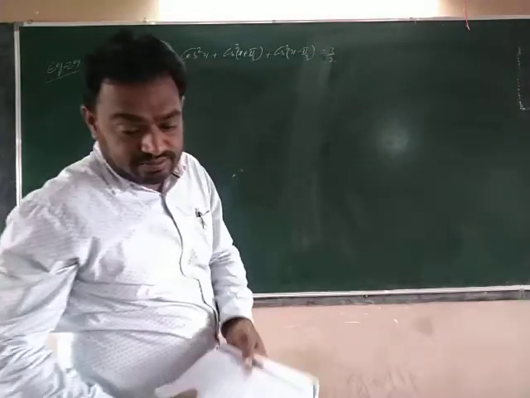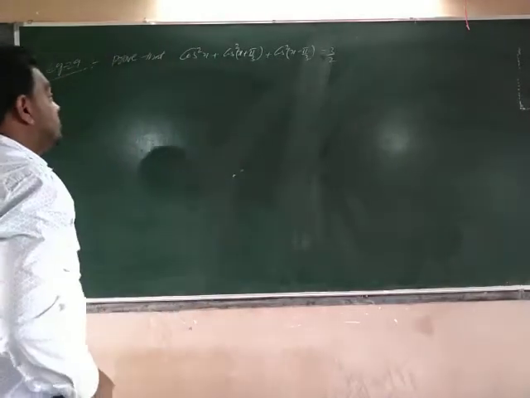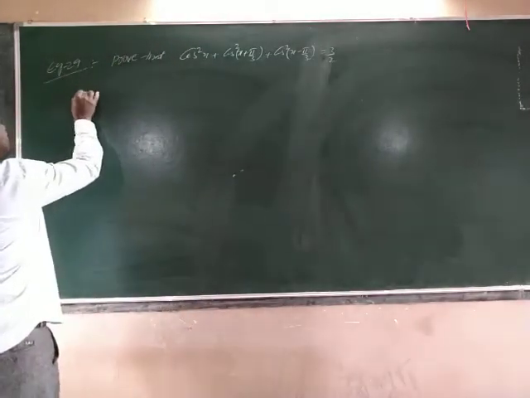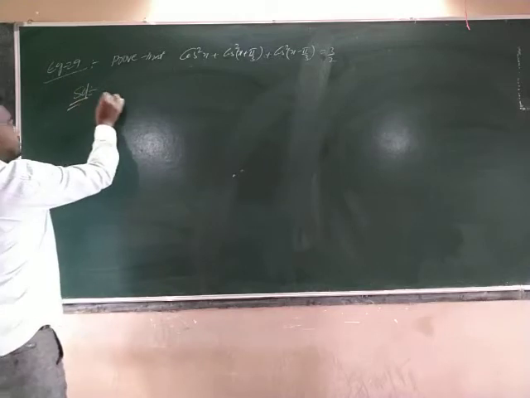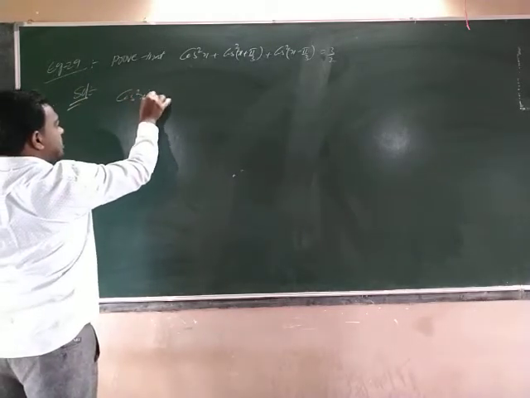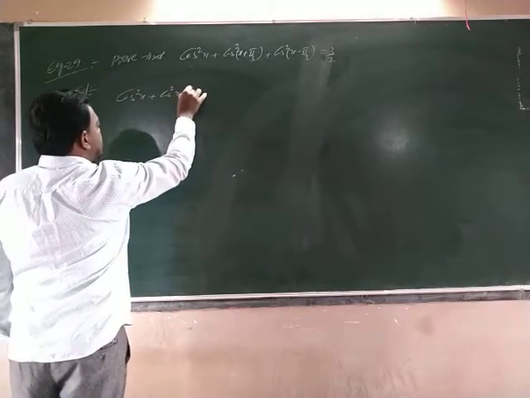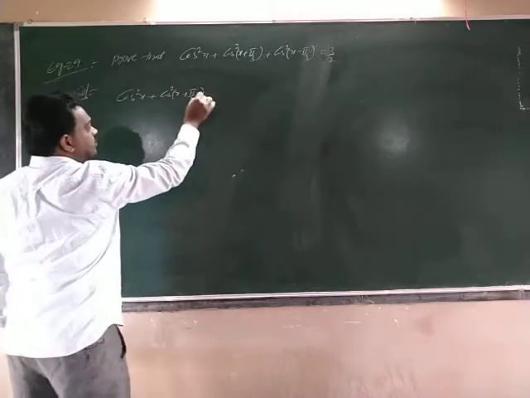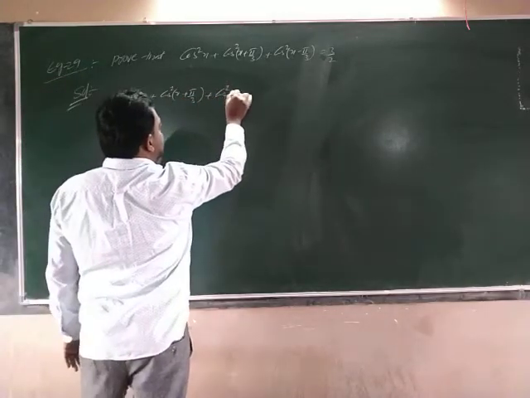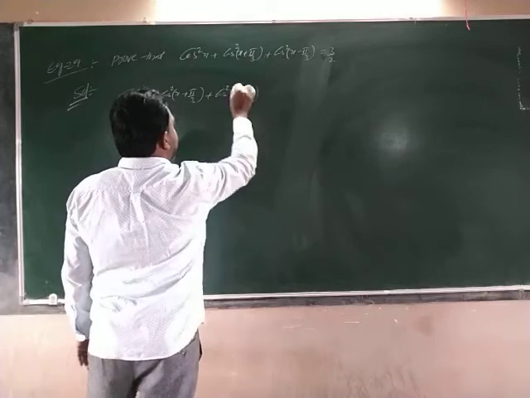This is the question. Proof. You take the LHS, that is cos square x plus cos square x plus pi by 3 plus cos square x minus pi by 3. Right?